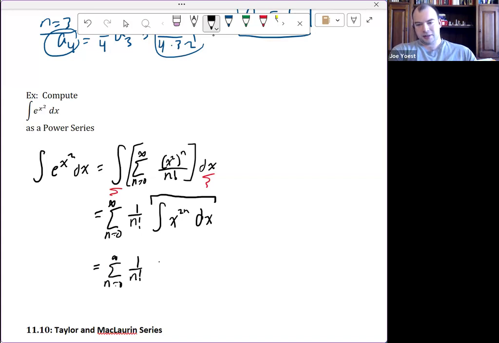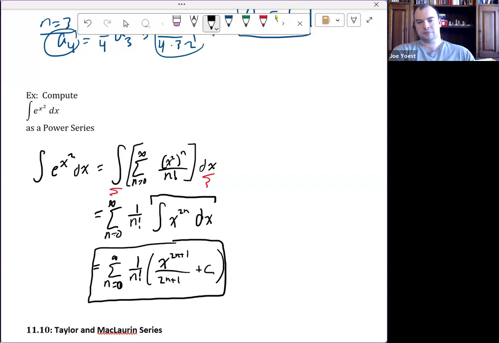So I integrate this, I get x to the 2n plus 1 over 2n plus 1 plus constant. And that's what we have.